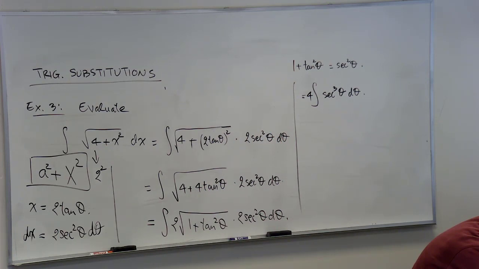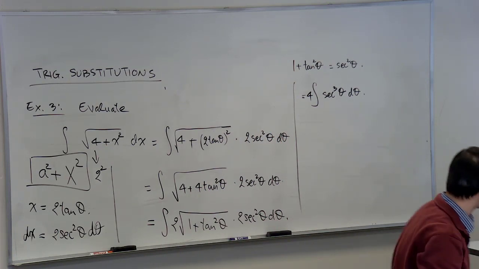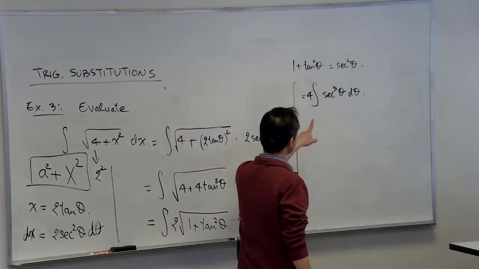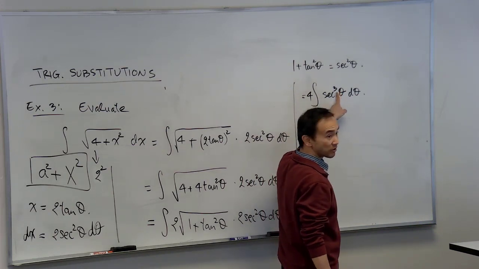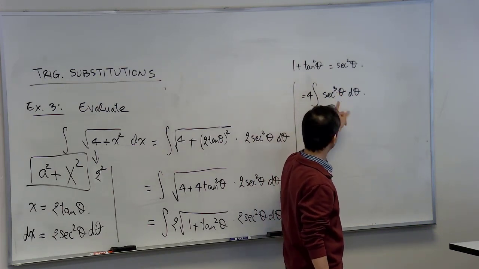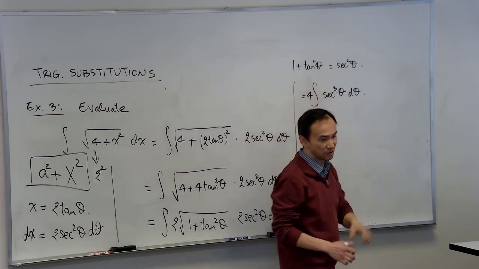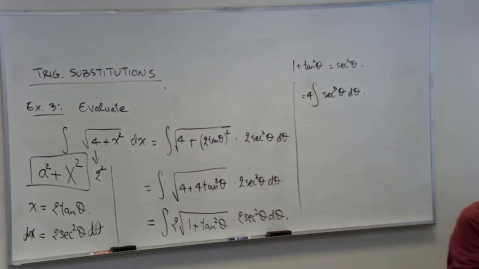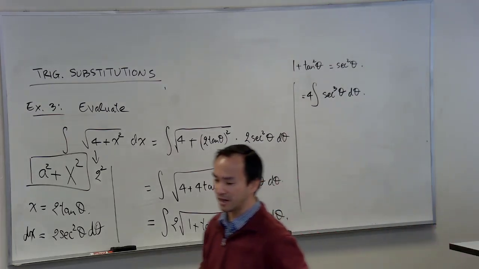So now what we have is an integral in the form of a power, some power of a secant. And so we can use a little formula as follows.